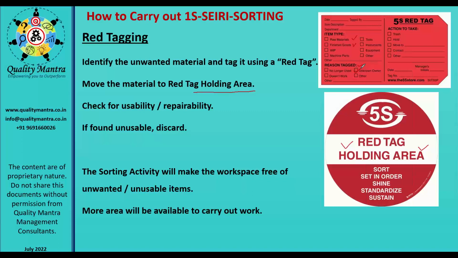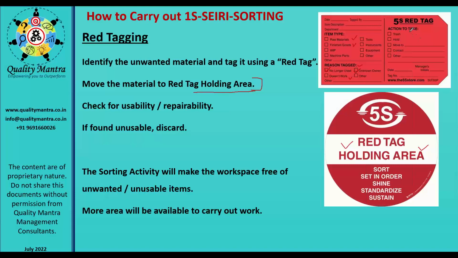What you do is tag it and send it to the holding area, because when the 5S culture is initiated in an organization, people have to keep material at their respective designated areas. So if it is an unknown owner, you send it to that area, and let that person go there and find their own material. If that material is no longer used at your end, you will red tag it. If that instrument, machine or component doesn't work, you will tag it.